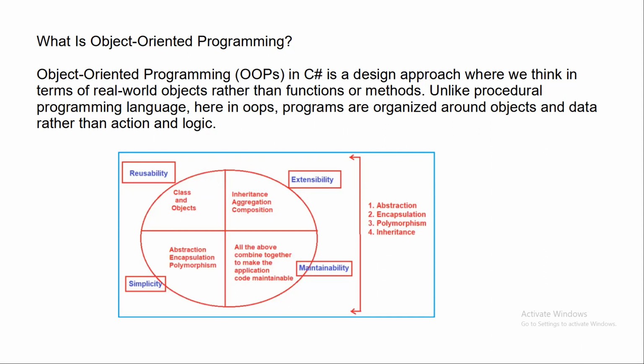And a few minutes back I mentioned overriding also. You are overriding the toString method by using the override keyword in your derived class. So when we say polymorphism, there are two things: method overloading and method overriding. Overriding I already explained using the toString method, and I can explain overloading in upcoming slides.